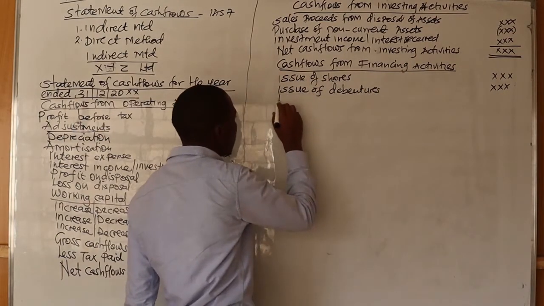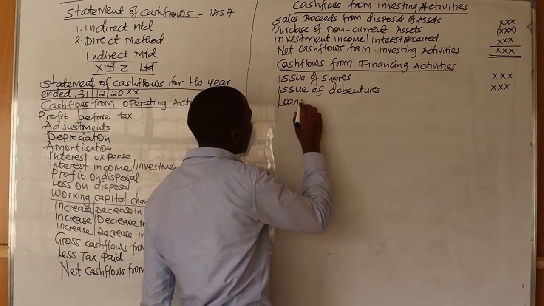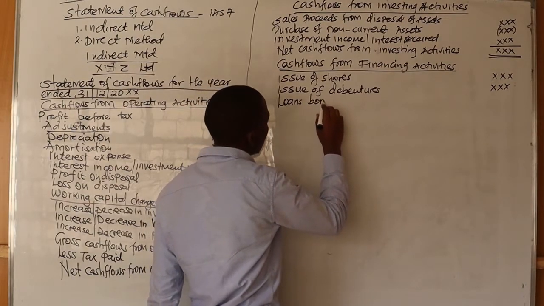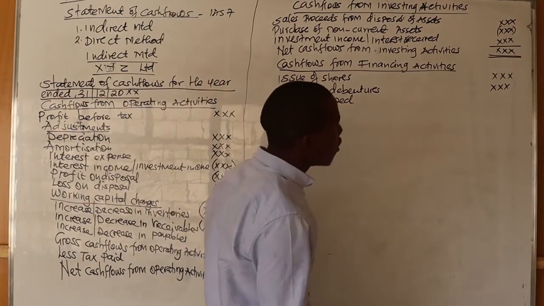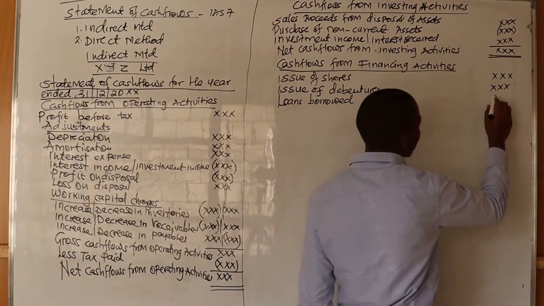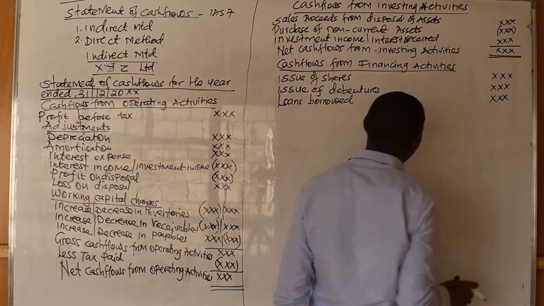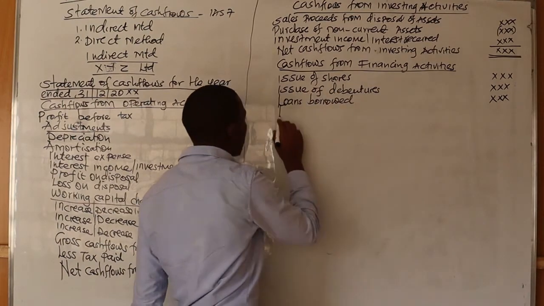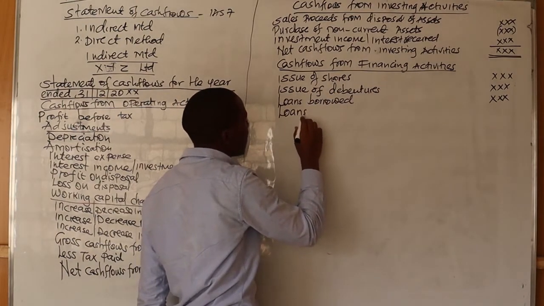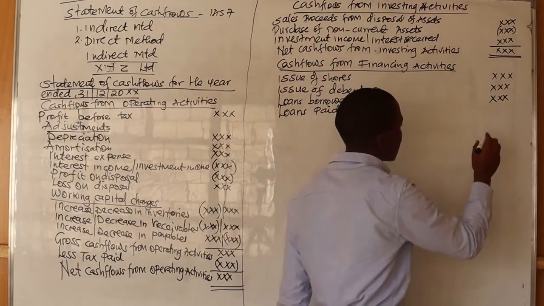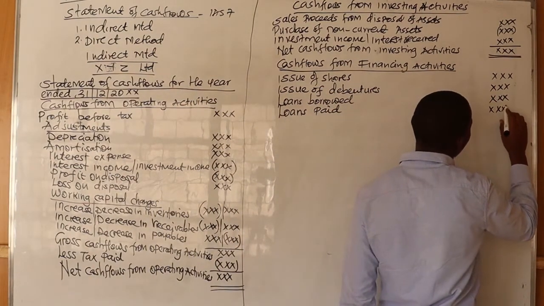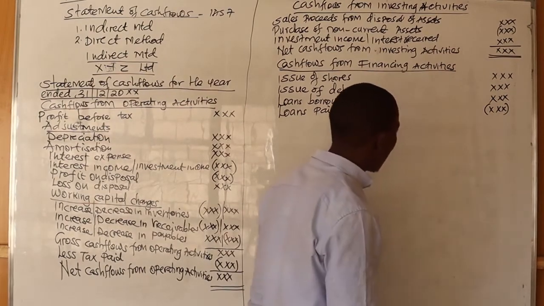Now there is also loans borrowed. For the loans borrowed, remember you borrow a loan, you are increasing the cash, and therefore in that case you will add them. Then if there are loans that are paid, in that case, remember you are paying out, so you less the loans paid.